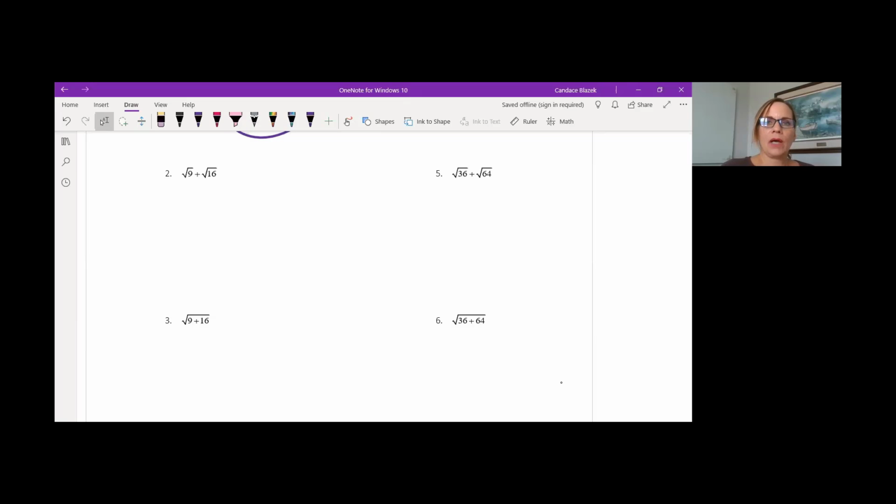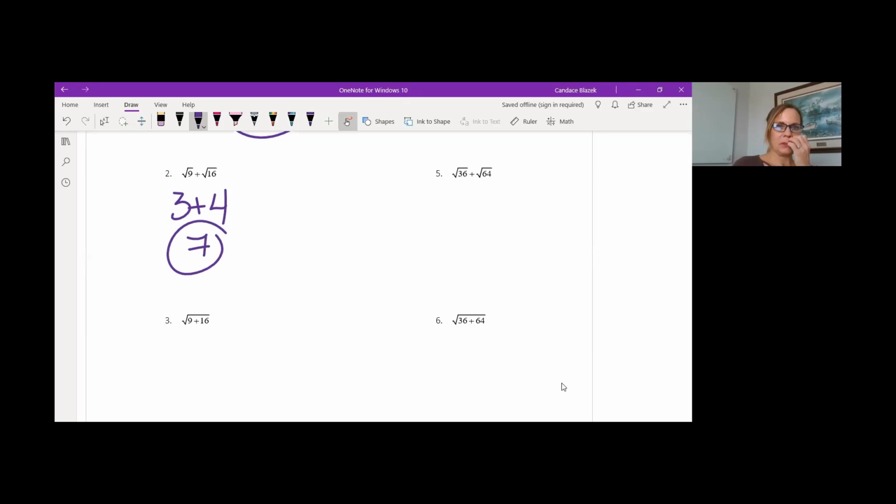We have to simplify each square root before we can combine it with another value. As an example, with number 2, the principal square root of 9 is 3. The principal square root of 16 is 4. 3 plus 4 is 7. And that would be my answer.